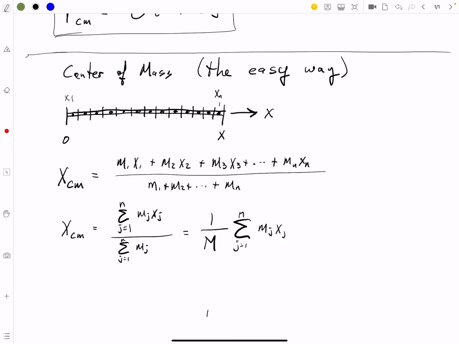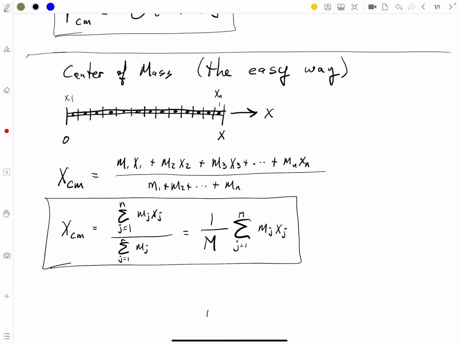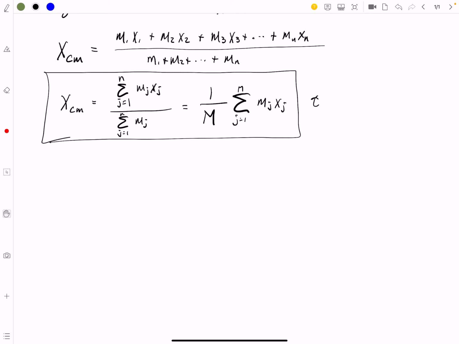All of that would be, of course, in the i hat direction, and you can do it in 3D if you want. You can do i, j, and k, and when you do, you get your r cm is equal to the sum from j equals 1 to n of m j r j, divided by the total mass.